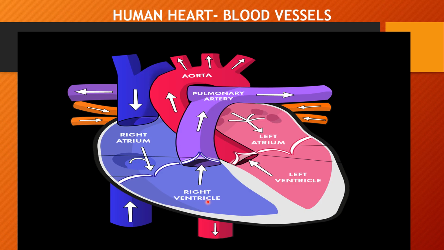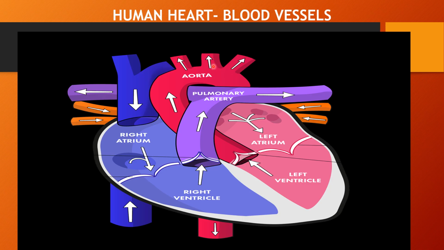From the right ventricle, deoxygenated blood is pushed through this pulmonary artery, which is divided into two branches. One goes to the right lung, the other one goes to the left lung. This aorta that arises from the left ventricle carries pure blood or oxygenated blood, and it is branched off into many.